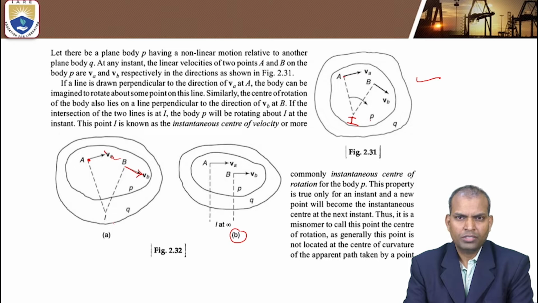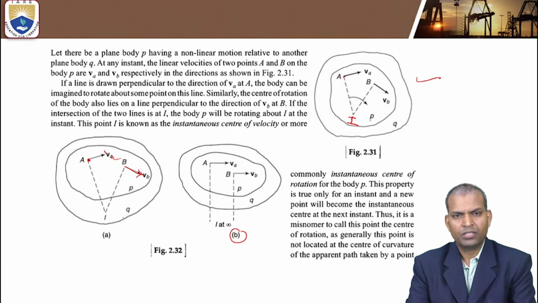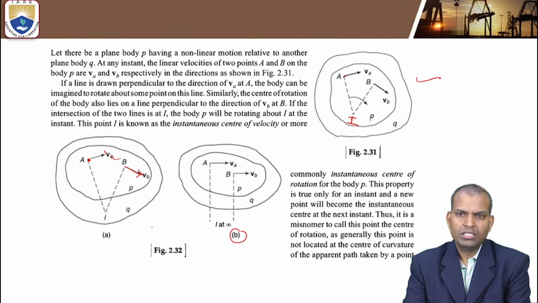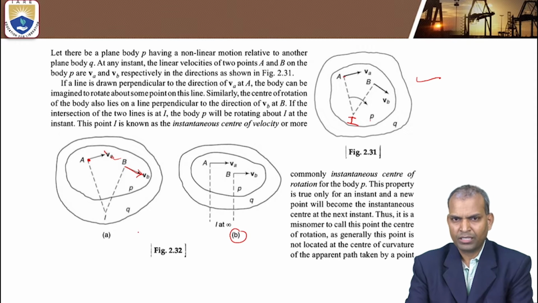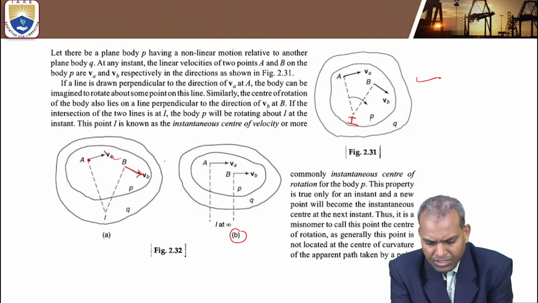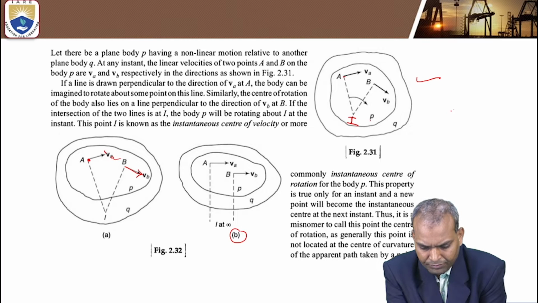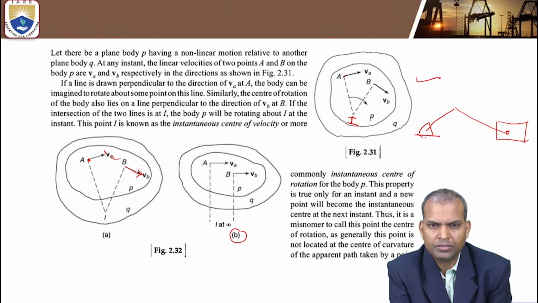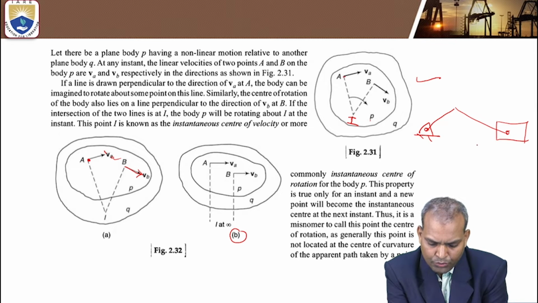The conclusion in this slide is that the I-center is not only on the bodies, it can also be outside of the bodies, even at infinity. This case of infinity comes in the slider crank mechanism. In the slider crank mechanism, the slider moves linearly.